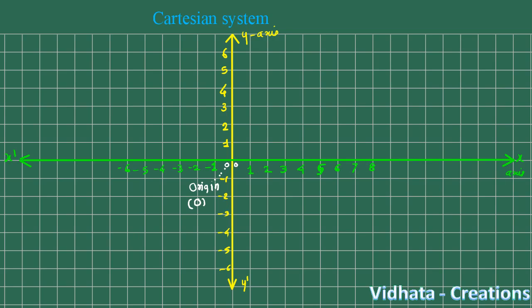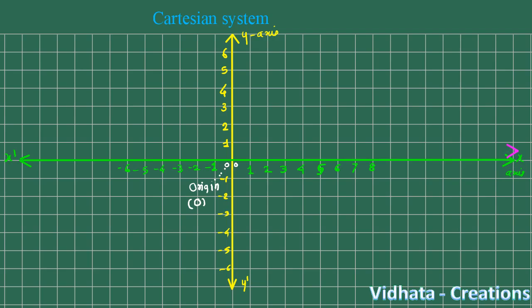What I told, from 0 to which side? Right hand side. This we call it as what? Positive x-axis. So here I will write it is positive x-axis.